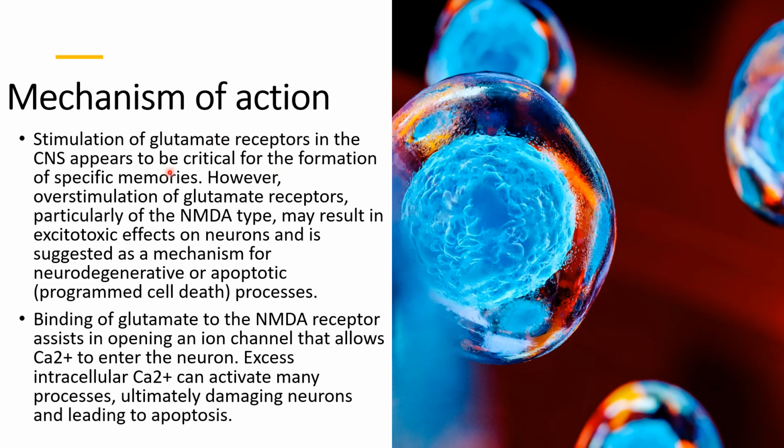Normal function of this glutamate in the cell is the formation of memories, but when there is overexcitation by glutamate binding on NMDA receptors, it causes excitotoxic effects, and then the neurodegeneration and programmed cell death or apoptotic processes.